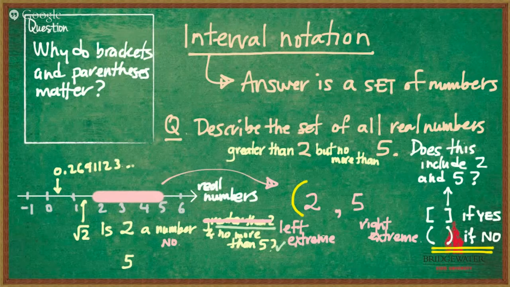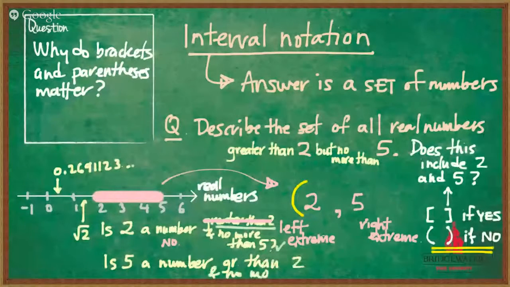I've used that round bracket because I looked back at the description of this set and asked, does 2 belong? Is 2 itself a part of this set? And the answer was no, so I used the round parenthesis. On the other hand, if I ask the same question about the number 5, is 5 a number which is greater than 2, and no more than 5?